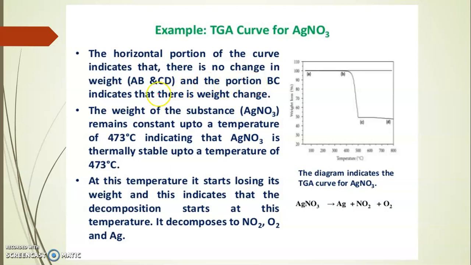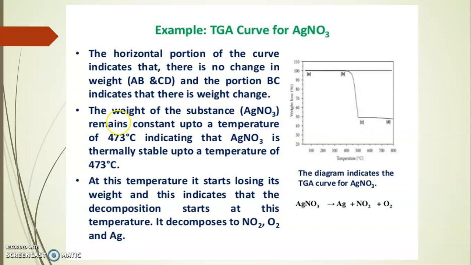So the portion BC indicates that there is a weight change. When we increase the temperature from 400 to 500 degrees Celsius, you can see the change occurs. This B to C portion indicates the weight loss.